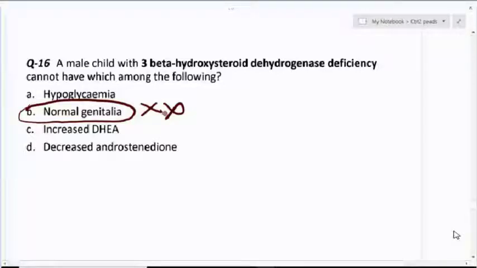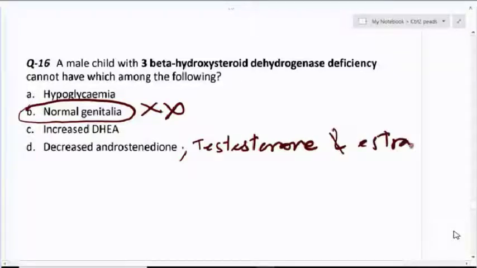Whether it's androstenedione or testosterone, these patients have low levels of testosterone, and even estradiol levels are low. But remember, the genitalia are always ambiguous in 3 beta deficiency, whether it's a male or a female.